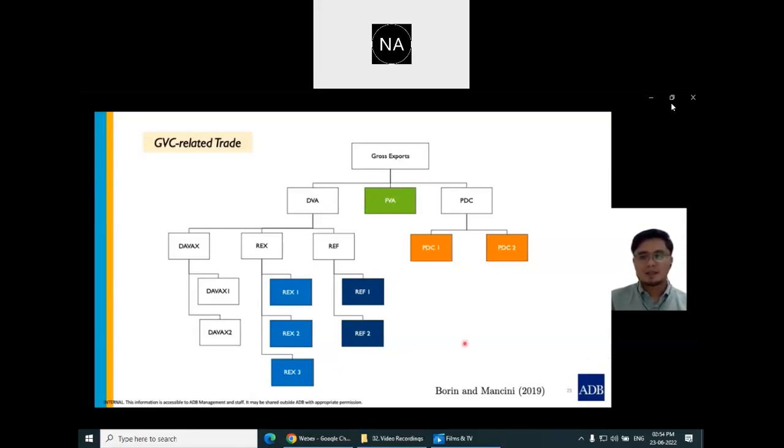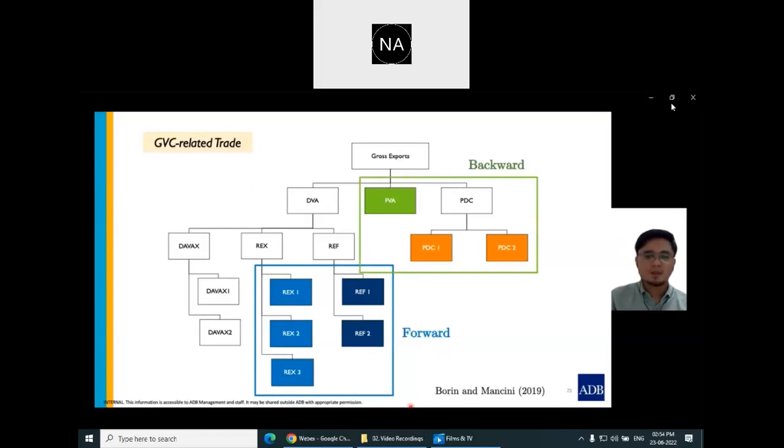Note that GBC-related activities correspond to the highlighted terms in this schematic diagram. The terms enclosed in the blue box are the ones that correspond to the forward GBC participation, while the terms enclosed in the green box correspond to the backward GBC participation.